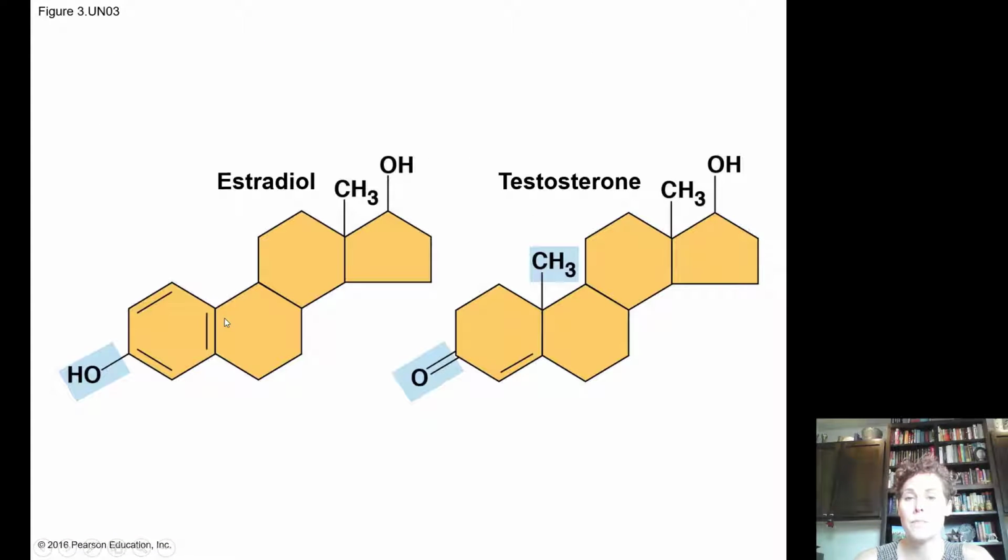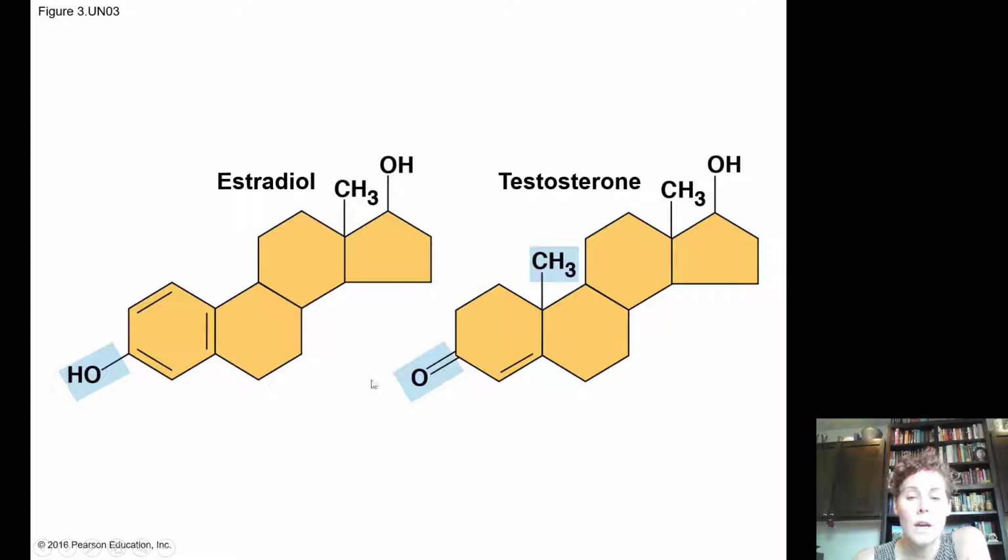In this example, we have two totally different hormones that act totally different on the body, do different things to the brain and to the glands. The only difference in the two is this OH, hydroxide right here, and just an oxygen on testosterone.